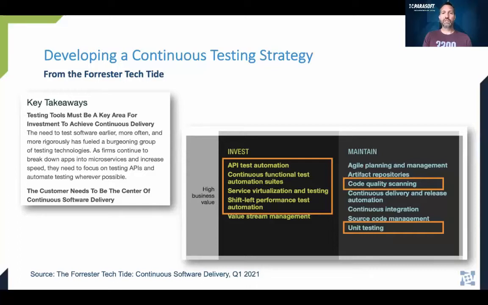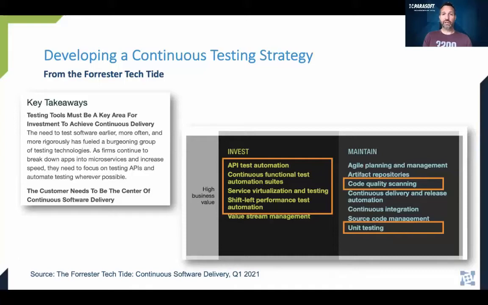So invest means it's high business value, but lower on the maturity scale, meaning most organizations are lower on the maturity, as well as the tools maybe are just starting to come to maturity. And maintain is basically these tools provide high business value, but are also high maturity, meaning there's lots of tools available. Some organizations are actually fairly mature in some of these areas on the right and the maintain.